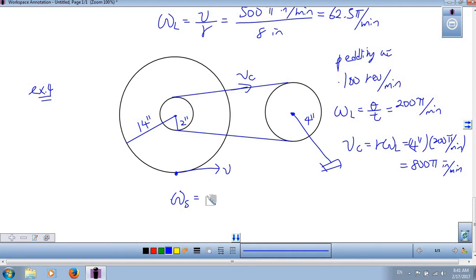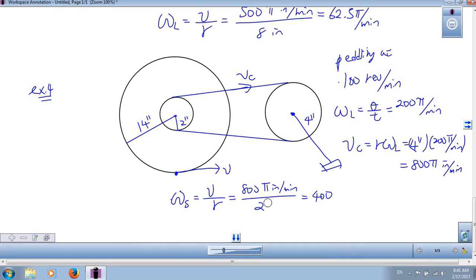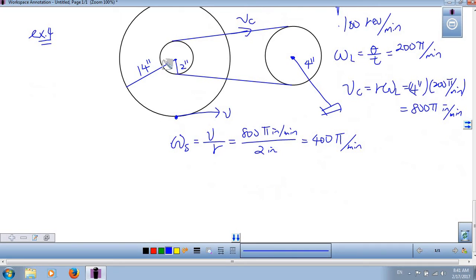It's the linear velocity over r, so 800 pi inches per minute divided by 2 inches, which is 400 pi per minute. Because the small gear and the rear wheel are attached, both have the same angular velocity, so this is also the omega of the wheel.